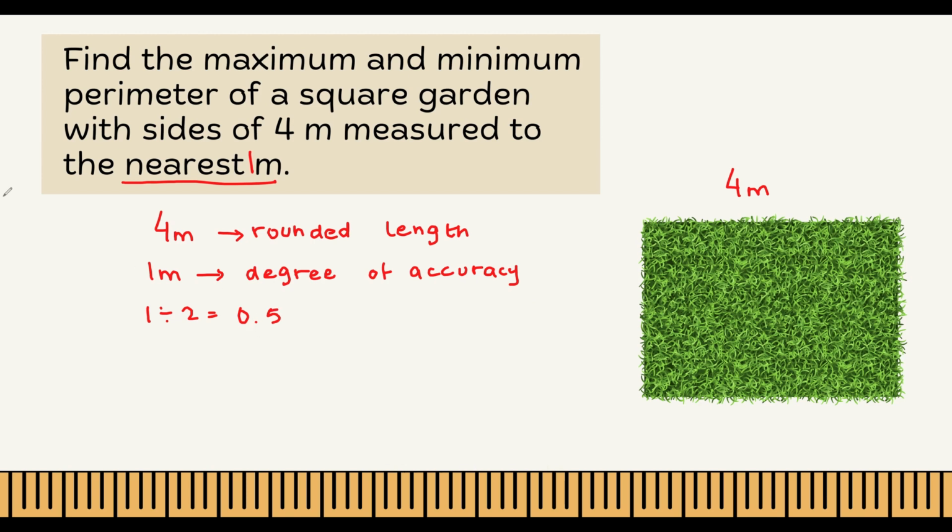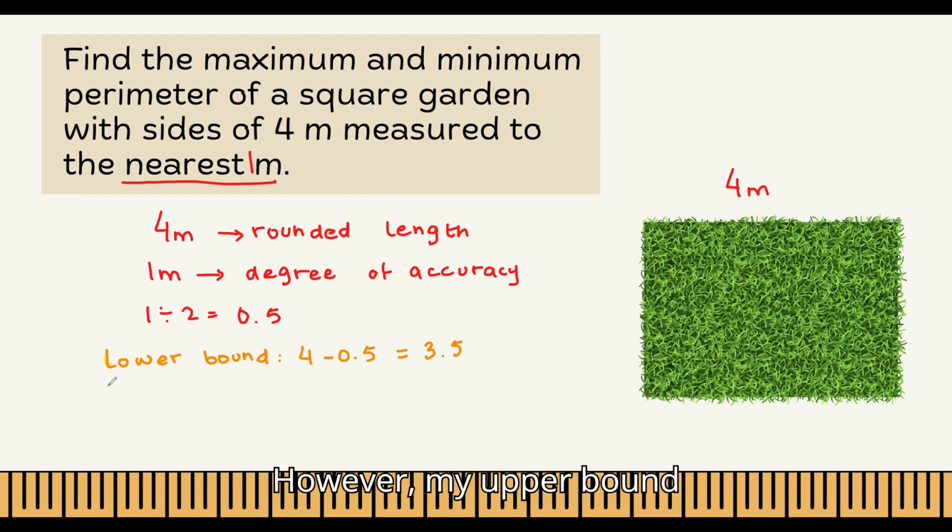Now first I'm finding my lower bound. So my lower bound is going to be 4 minus 0.5, which is going to equal 3.5.